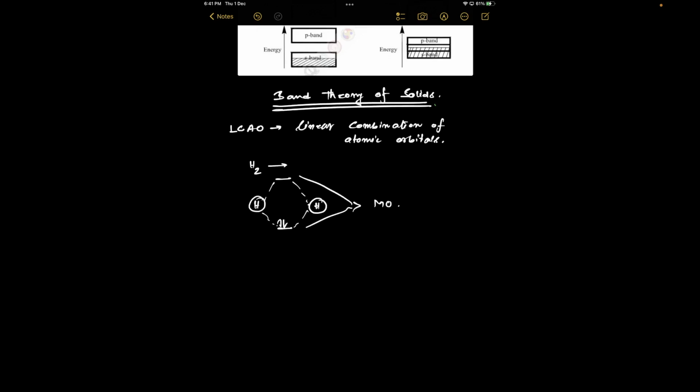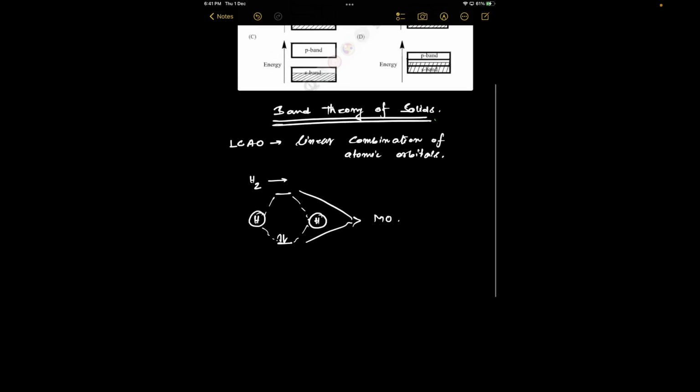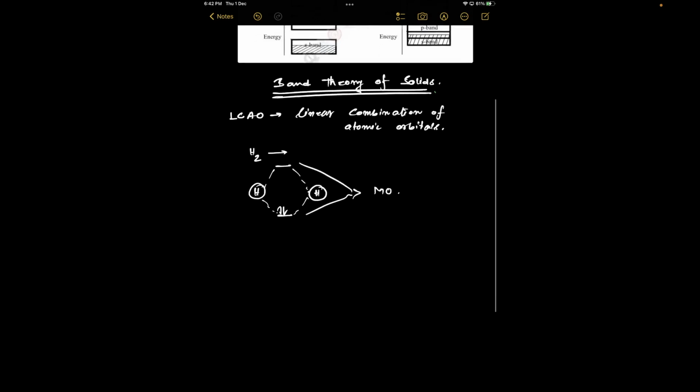Now in solids there are a large number of atoms, let's say 10 to the power 23 atoms, a 1 mole case. So the atomic orbitals corresponding to this large number of atoms will overlap with each other and form n molecular orbitals. In molecular orbital theory, the number of MOs will be equal to the number of participating atomic orbitals, right?